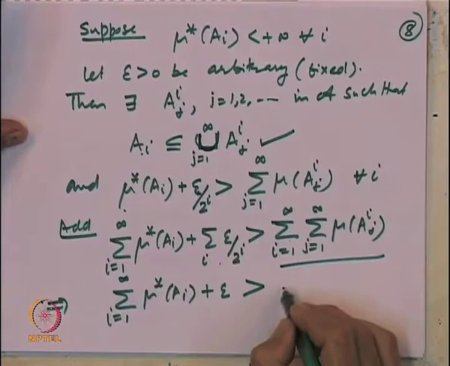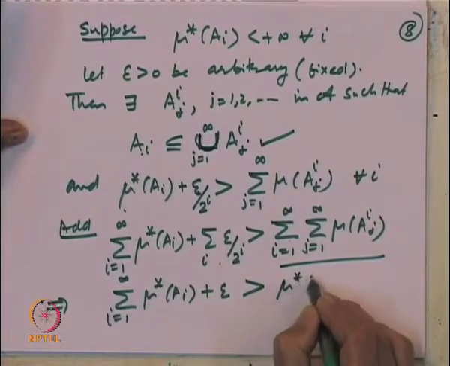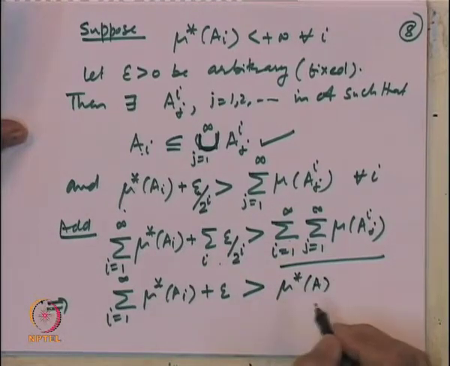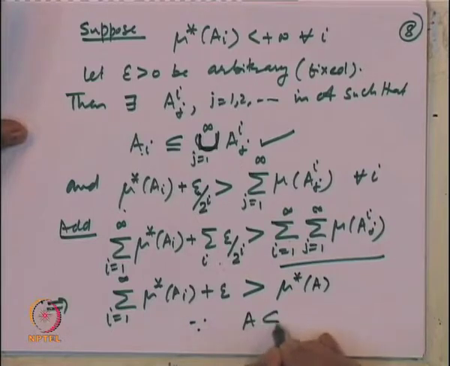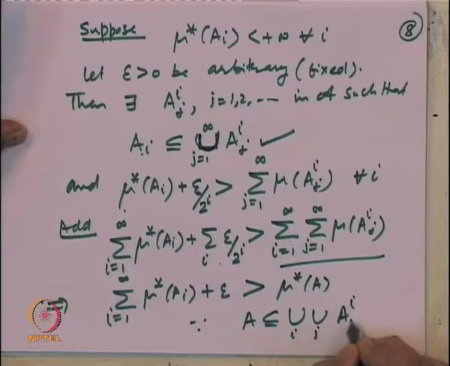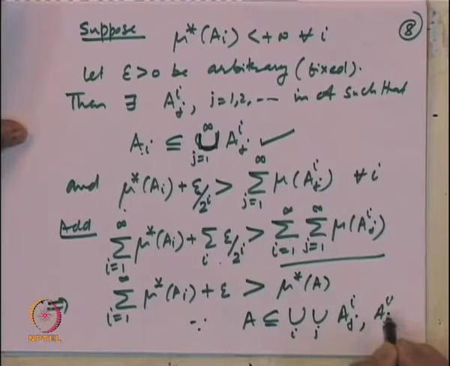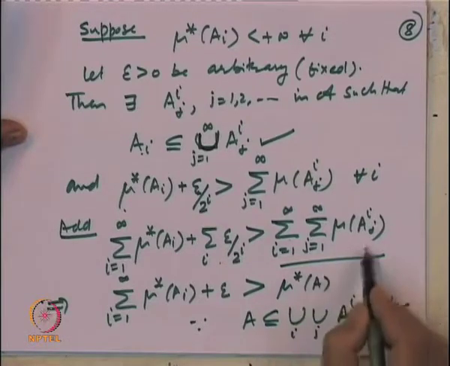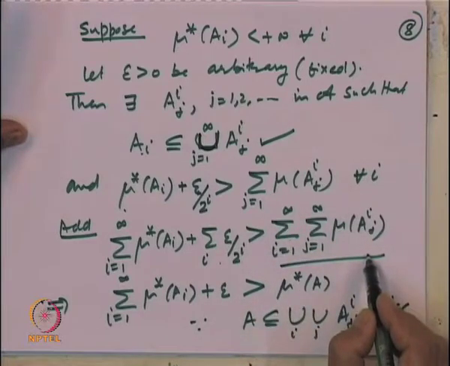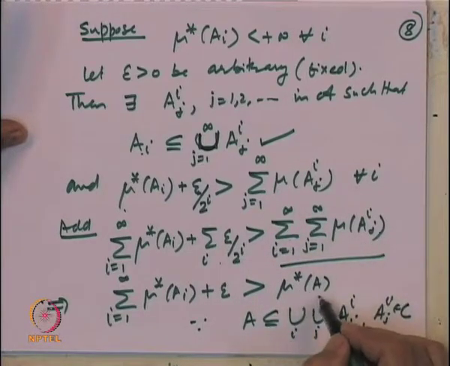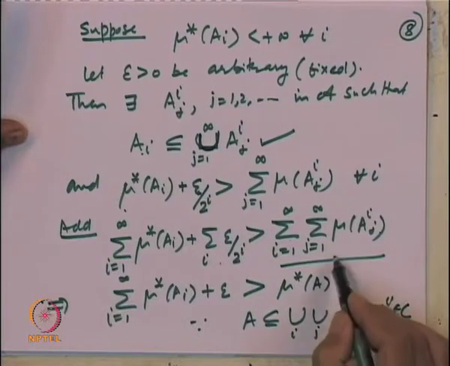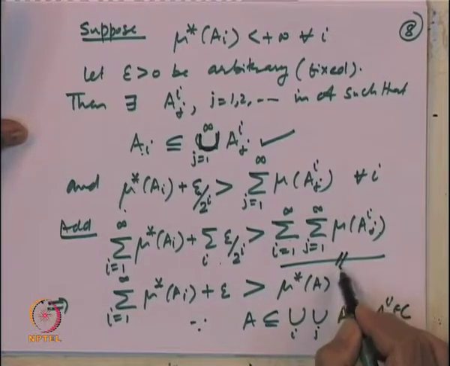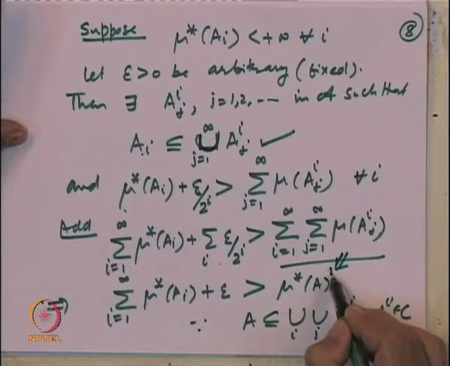So, what we are claiming is this is bigger than mu star of A, because A is contained in the union over i, union over j, of A_ij's, and these A_ij's belong to C. So, A is covered by this countable union, and this is one approximate size for mu of A. So, that is always bigger than or equal to mu star of A, because that is an infimum. So, this quantity is always bigger than this.